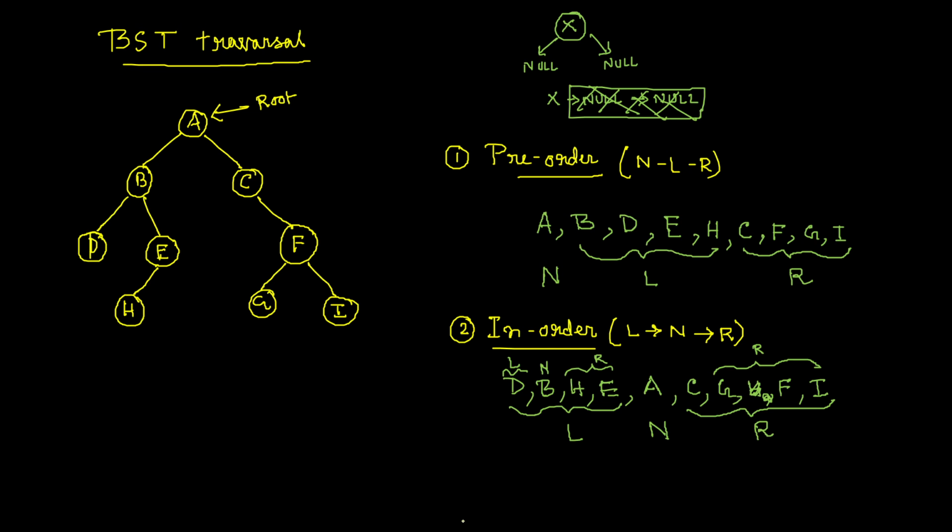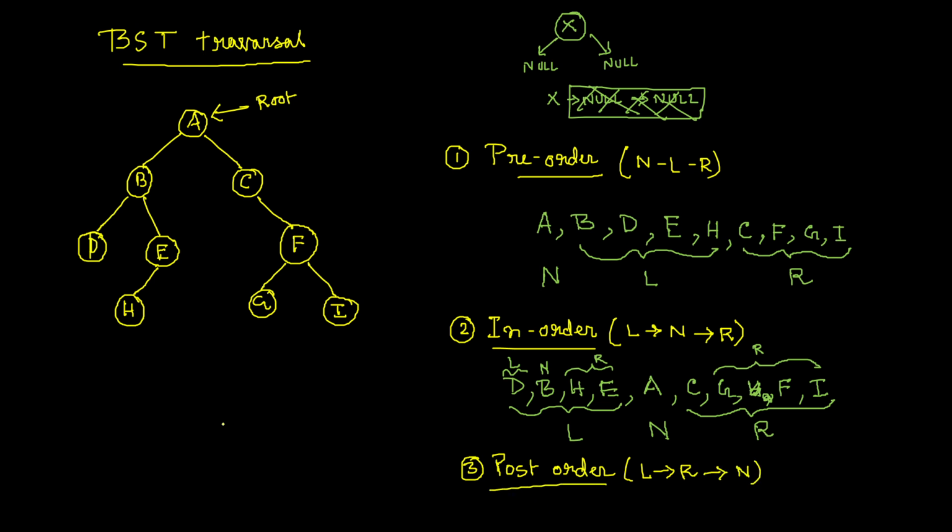Now we will go for the post order traversal. And we have seen in the post order, first the left child, then its right child, then its node, that is the root.